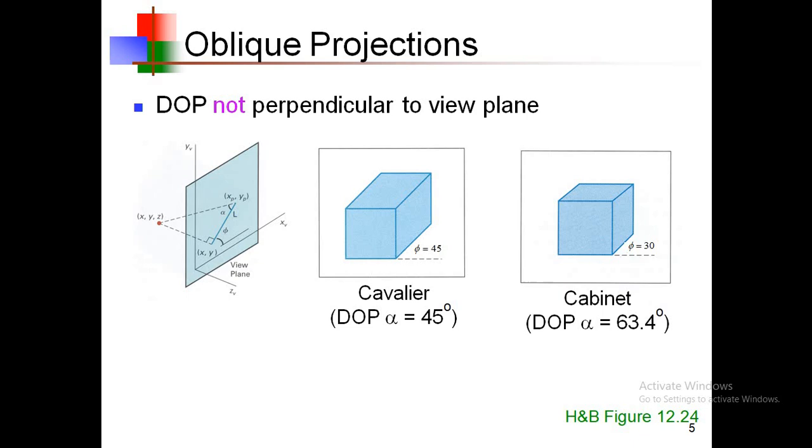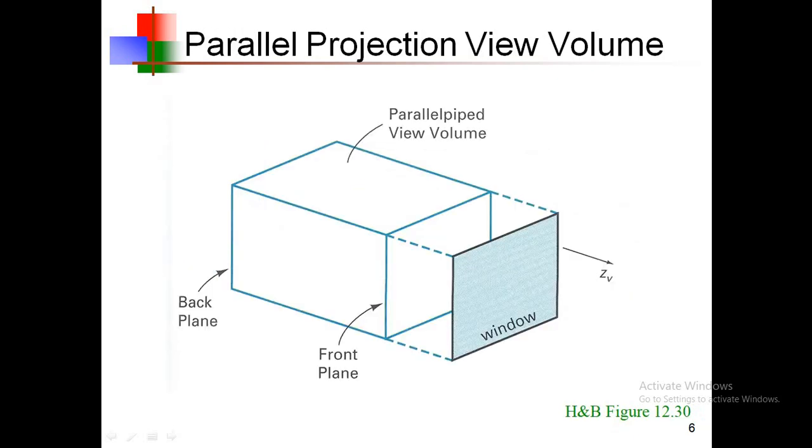If the direction of projection is not perpendicular to the view plane, we call such projections oblique projections. Again, there are two types: cavalier projections or cabinet projections. If the value of the angle alpha is 45 degrees, it is a cavalier projection, and if the value of alpha is 63.4 degrees, we call it a cabinet projection.